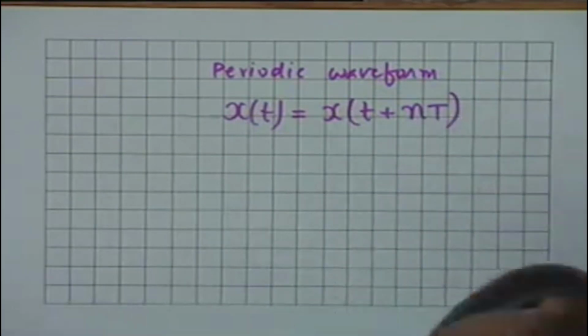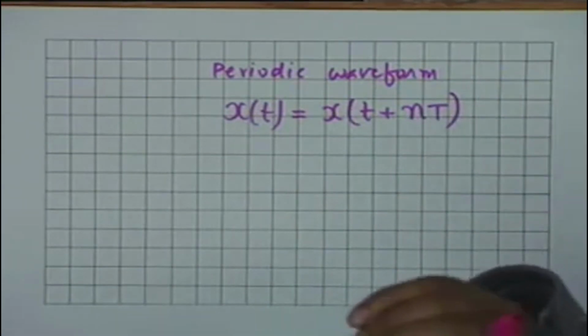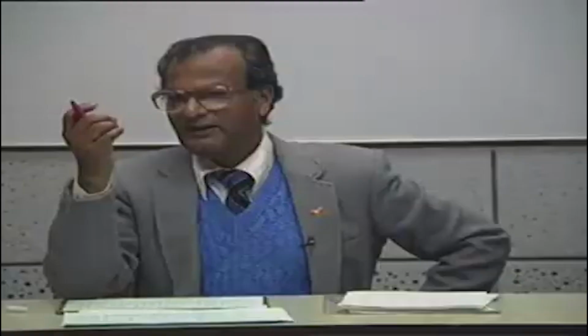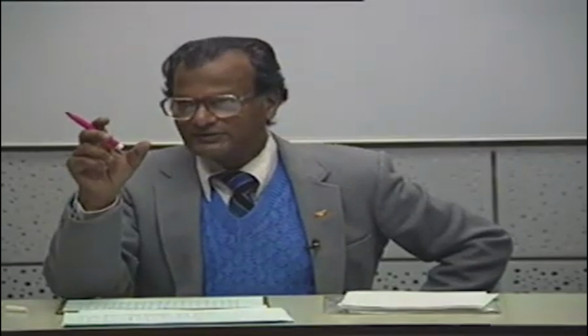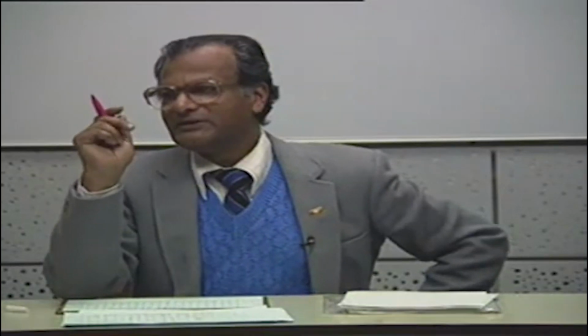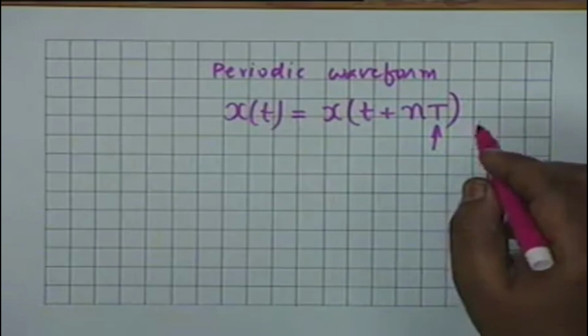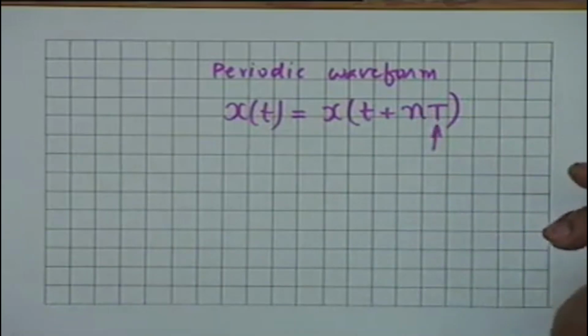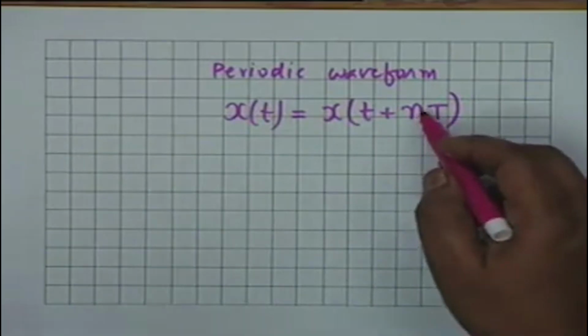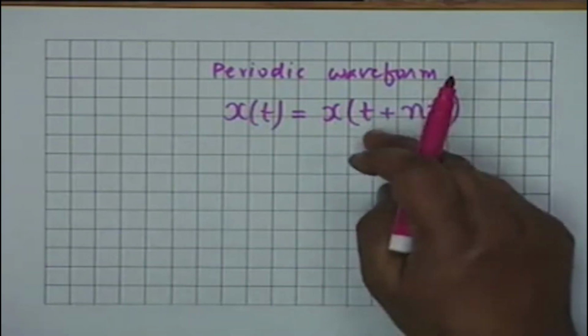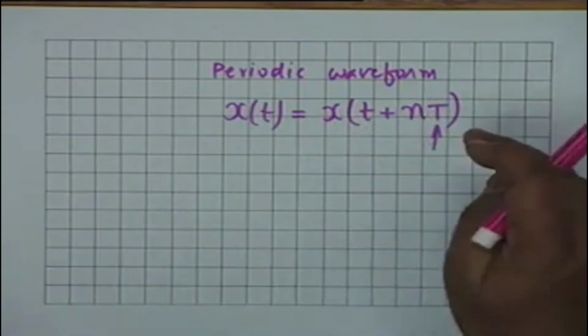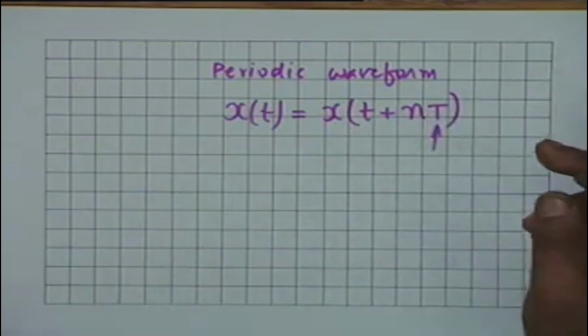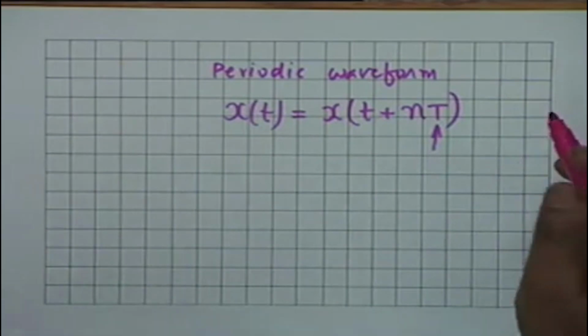The qualitative meaning is that x of t values repeat after every regular interval, and this interval of repetition is said to be the time period. So capital T here is the time period, and n is an integer. Obviously n could also be 0. X of t is obviously identically equal to x of t, and n could be any other integer, positive or negative.